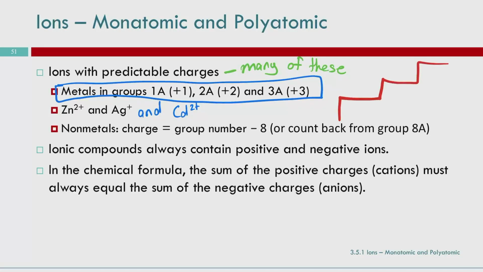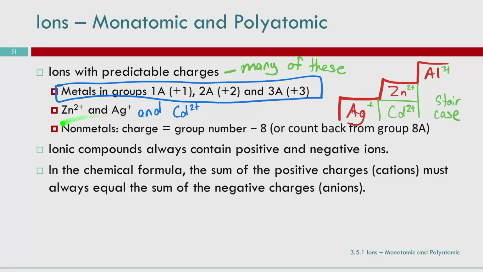So a little staircase. We've got Al, our 3 plus. We've got Zn, which is our 2 plus. I think I have this written down on a slide somewhere too. Cd is also a 2 plus, and then we've got silver, which is just a plus. So we've got a little staircase.